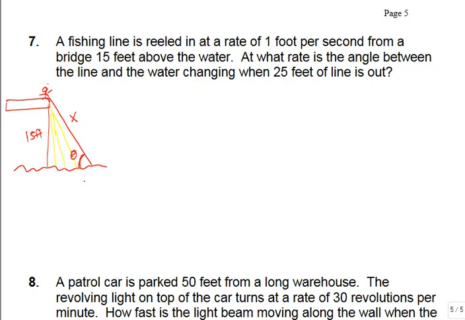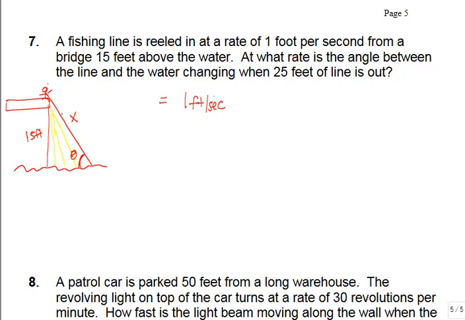Let's call that theta. So if it says that a fishing line is reeled in at a rate of 1 foot per second, 1 foot per second is a rate, which means it's a derivative. Which derivative is it? Well, it's talking about the length of this fishing line changing because we're reeling it in. So we're talking about this length here changing at 1 foot per second.